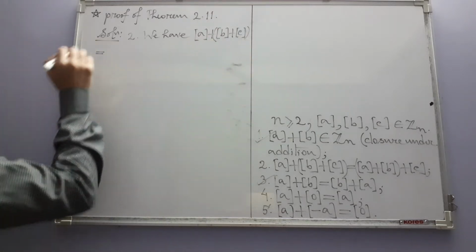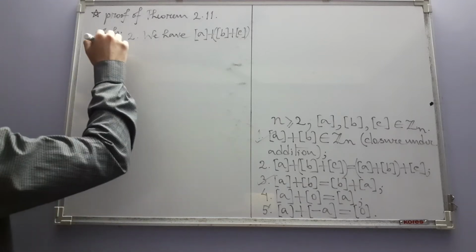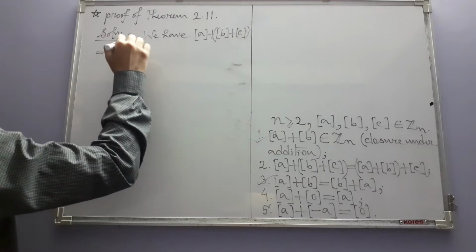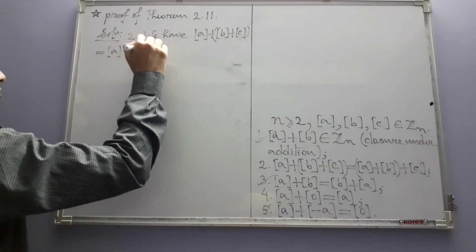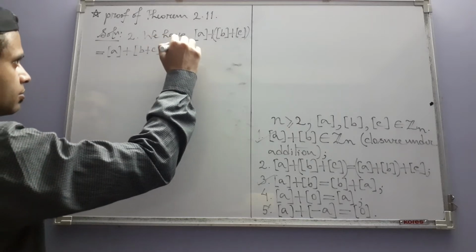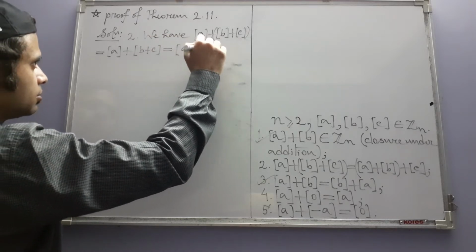By the definition of addition modulo n, this sum equals the congruence class containing b plus c. Again applying the definition, we get this.